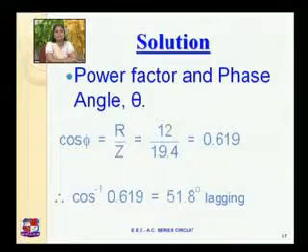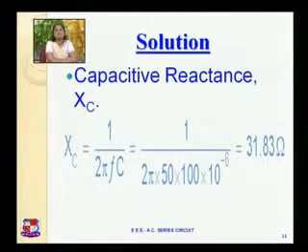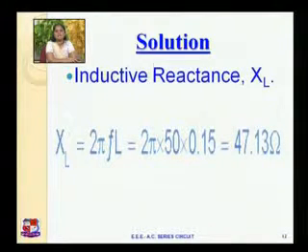The reason is that when you find the Z, this is our XC, which is 31.8, and this is our XL, which is 47.13. So if you find the value of XL and XC, the value of XL is higher than XC.